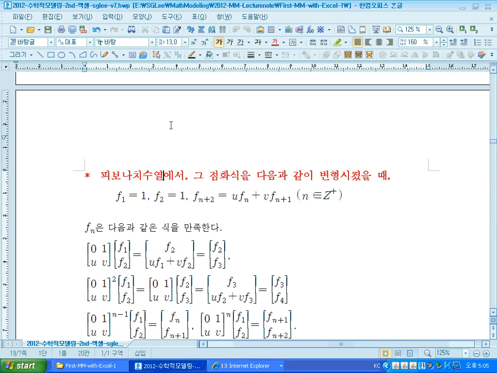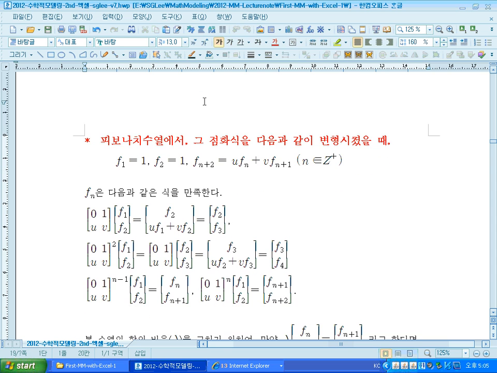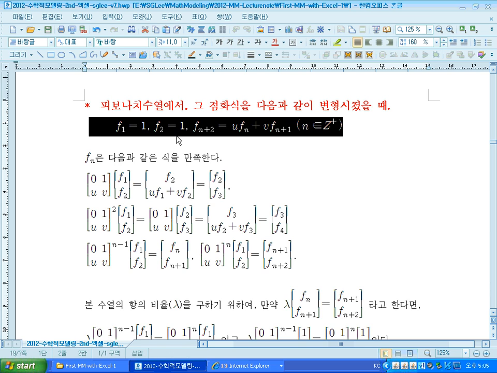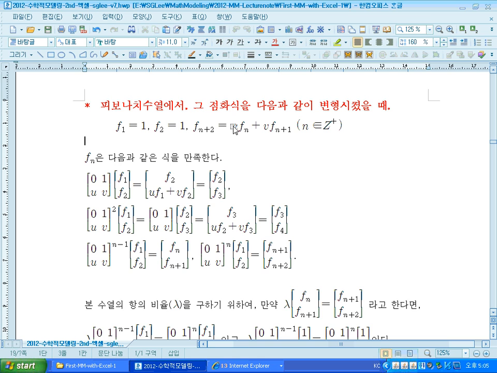Okay, I'm going to explain how the Gershgorin circle theorem is related to the Fibonacci sequence. Think about it. In the Fibonacci sequence, we can generalize the Fibonacci sequence with the parameters u and v here.